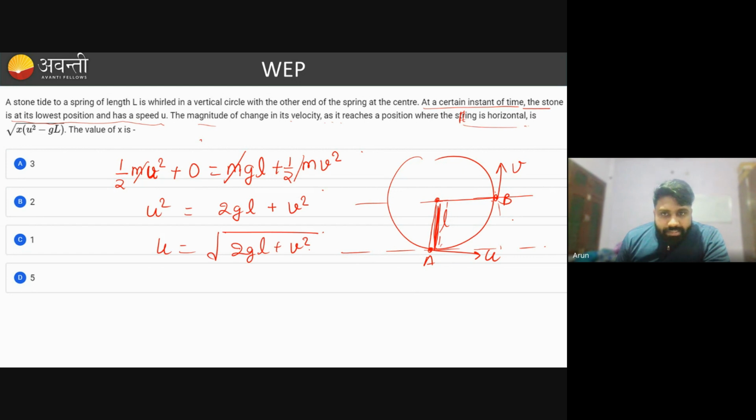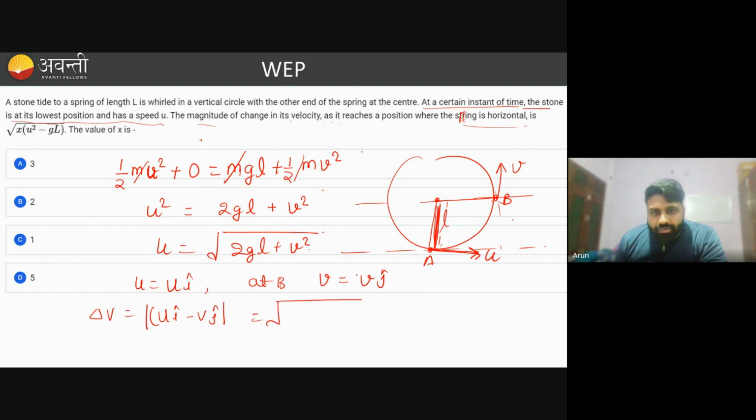At the lowest point we can write the velocity as u i cap, and at horizontal position, at B, the velocity is v j cap because it is in the vertical direction. So the change in velocity is u i cap minus v j cap. Taking the magnitude, it becomes the square root of u square plus v square.